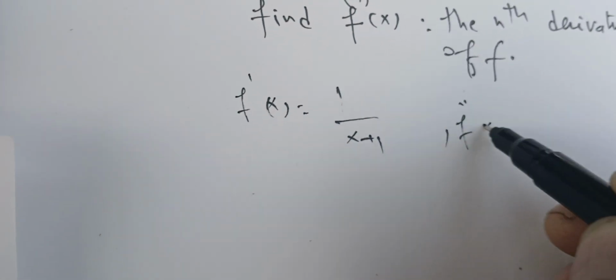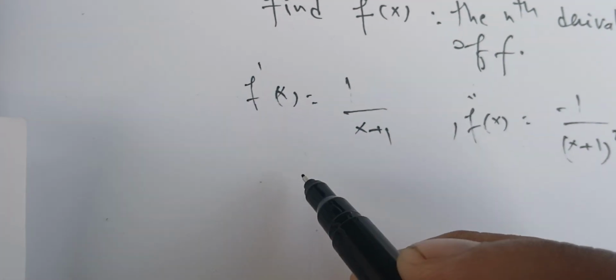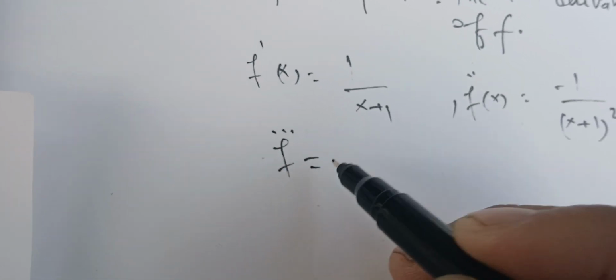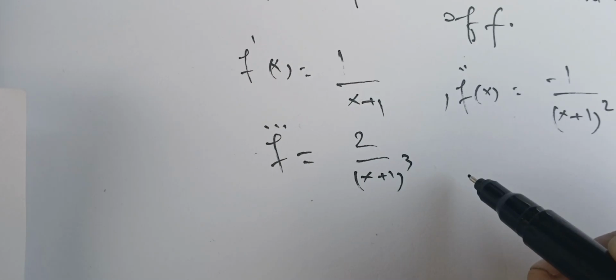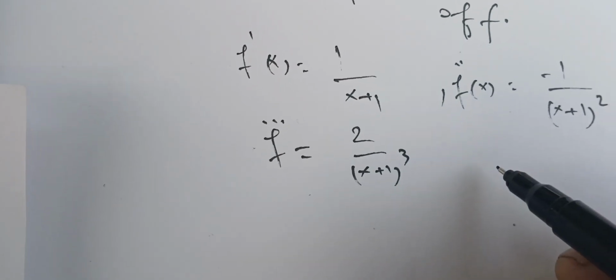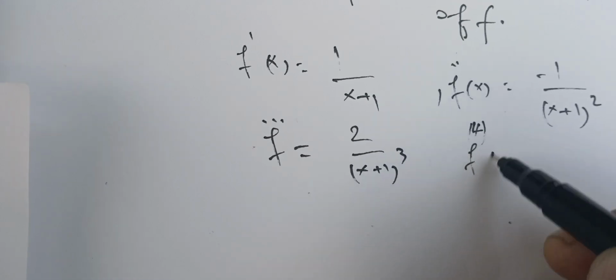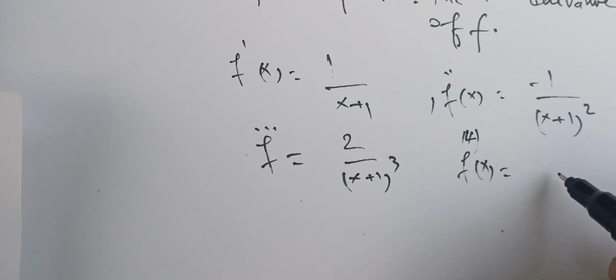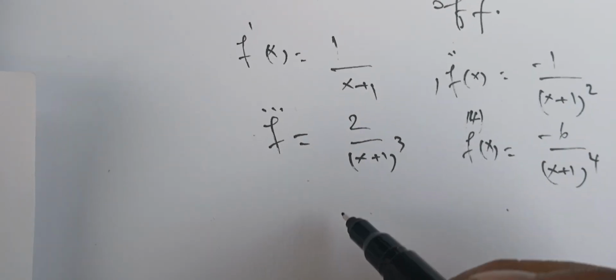The second derivative is going to be minus 1 over x plus 1 squared. The third is going to be 2 over x plus 1 cubed. And the fourth one, we're going to use this notation now, is going to be minus 6 over x plus 1 to the power 4.